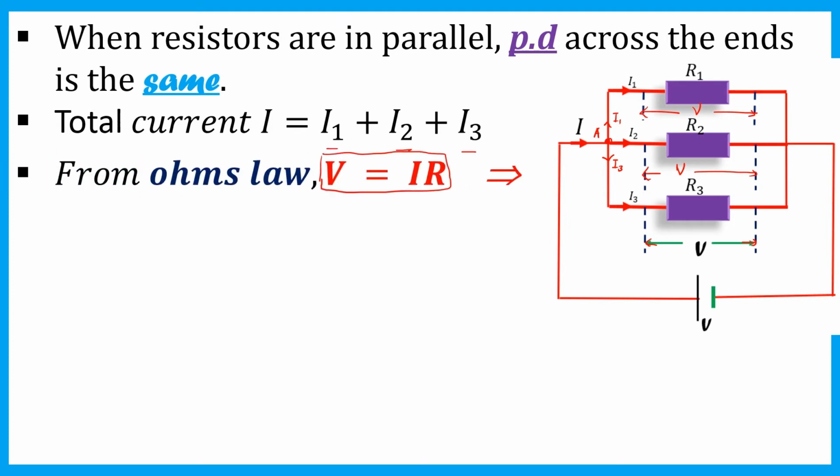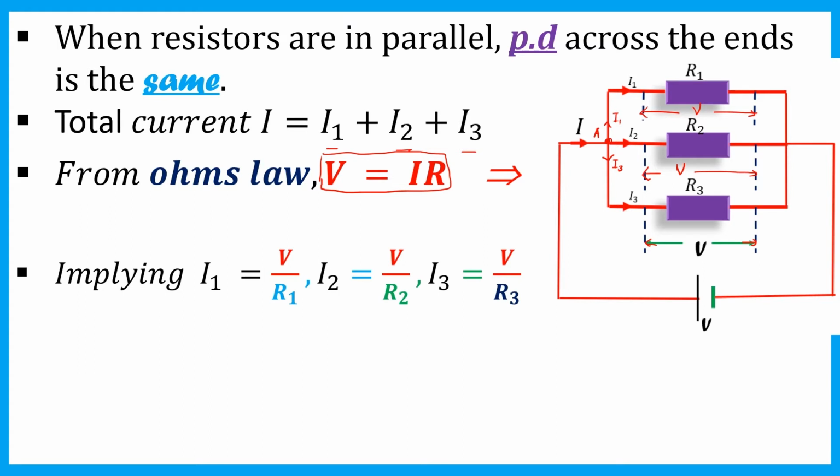This takes us to I being equal to V divided by R. That implies that for I1, it will be V divided by R1, for I2 it will be V divided by R2, and for I3 it will be V divided by R3. We can see that V is the same.